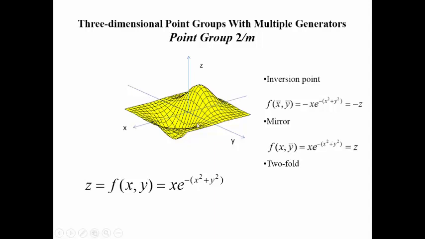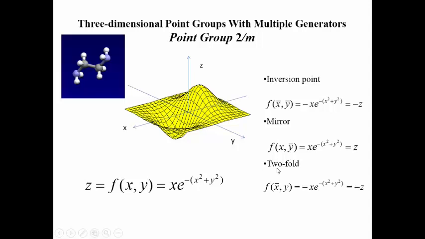It also has a mirror, because if we go x, y bar, we're going to generate a z because the x doesn't change, and we have the z. Remember, Rufo's paw changed in the y direction, so here the mirror is going to be located in the xz plane, and here's the y perpendicular to the mirror, and you can see the mirror goes through this mountain and it goes through this valley over here.